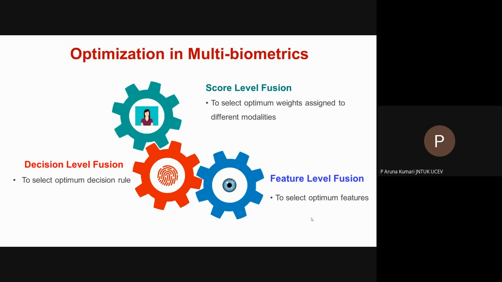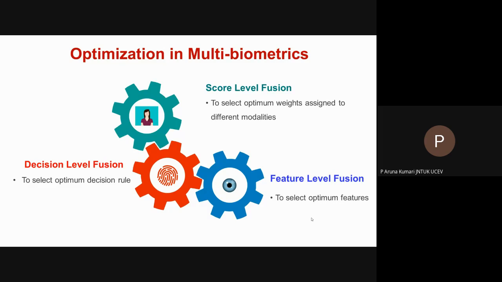For example, I have extracted 400 features from the iris, and 1,000 features from the palm print. When I combine these two, 1,000 plus 400, we have 1,400 features.